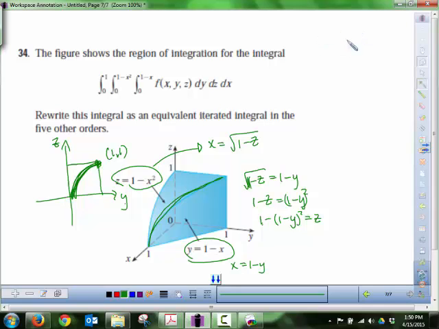When we do our integral, we're going to integrate with respect to x first. And when we integrate with respect to x, there's going to be two parts to this. One part is our integral with respect to x that goes through this plane, 0 to 1 minus y.